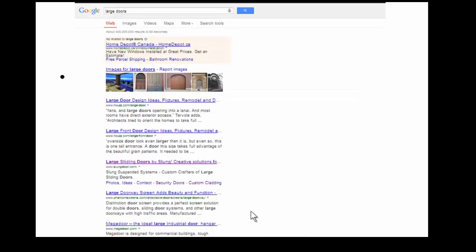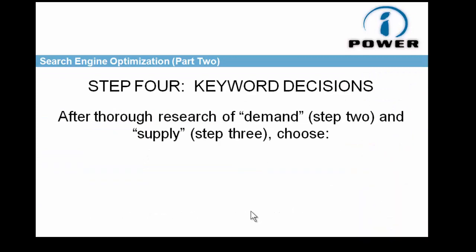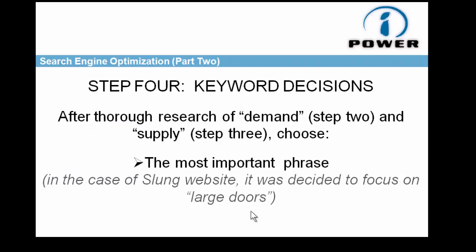So our decision was made, which is actually step 4, keyword decisions. In step 4, we are making really important decisions. The first decision is what phrase is the most important phrase. In the case of the Slang website, we chose large doors. But in addition to the most important phrase, we also want to see what other important phrases there are.